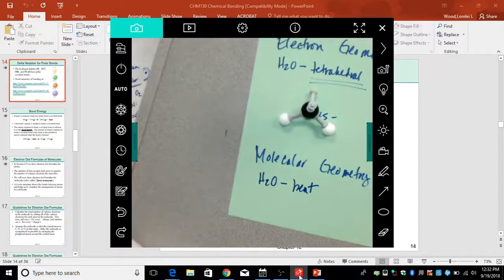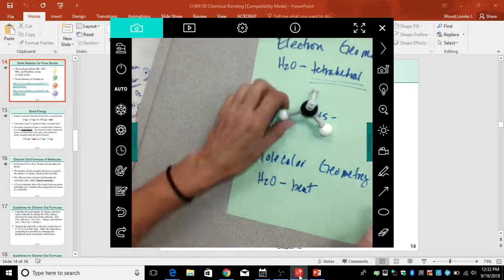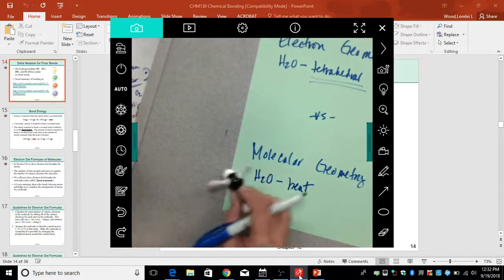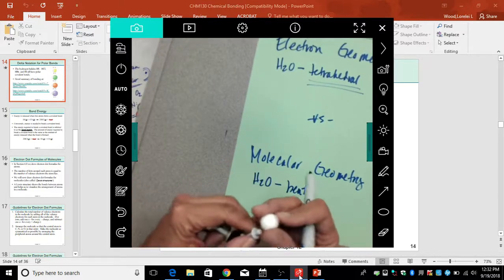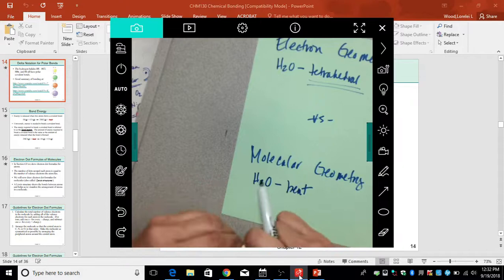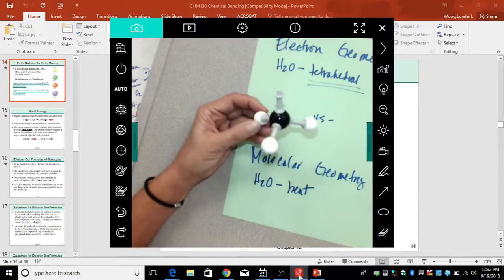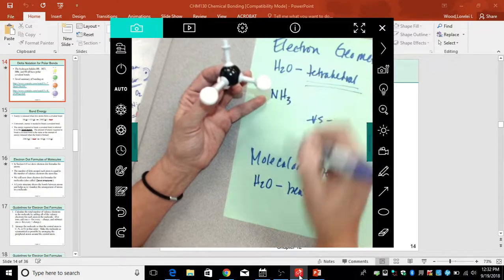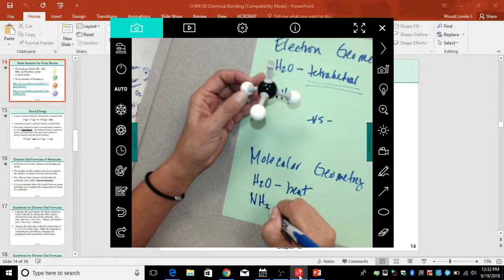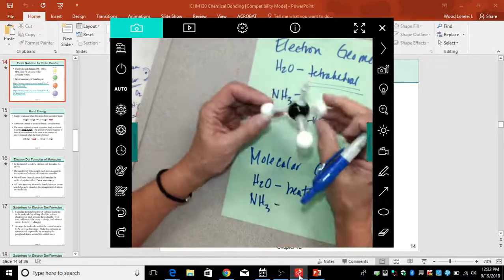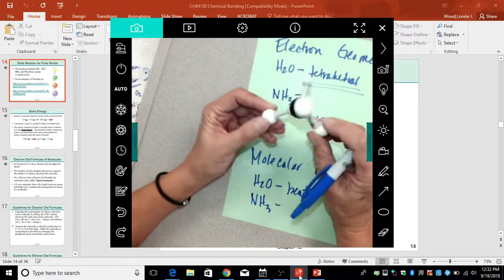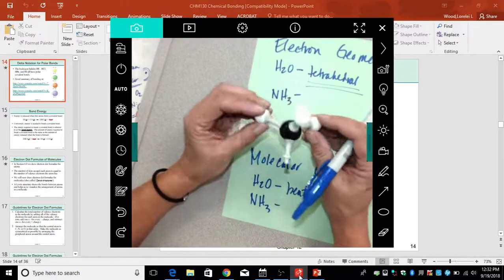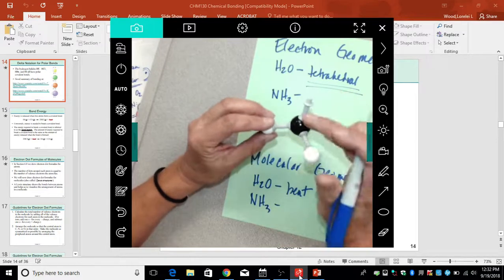Let's look at another one. We'll pick this one. You guys remember what this one was supposed to represent? NH3, I believe it was, ammonia, right? NH3 has how many lobes of electrons sticking out from that central atom? 4. 1, 2, 3, 4.